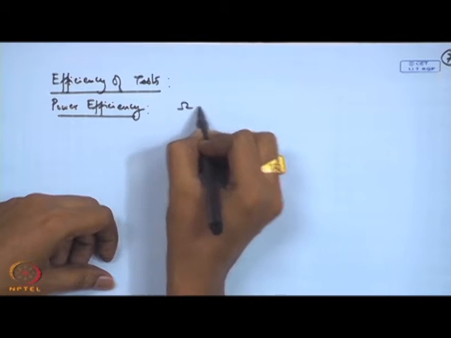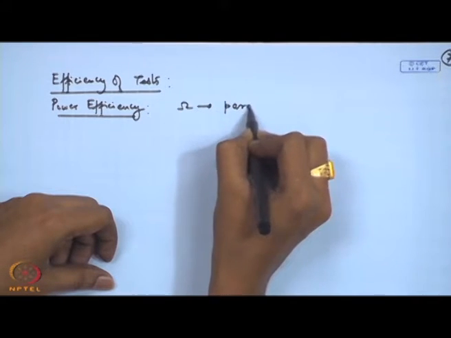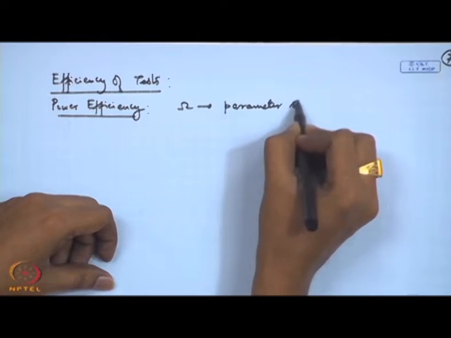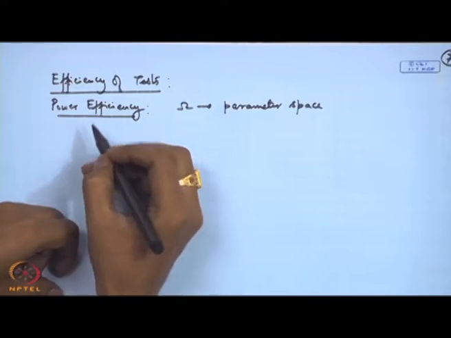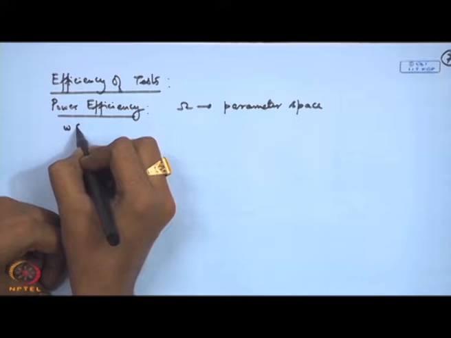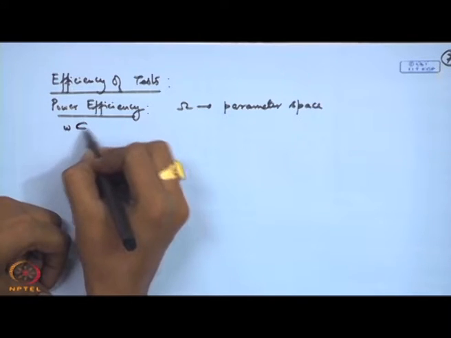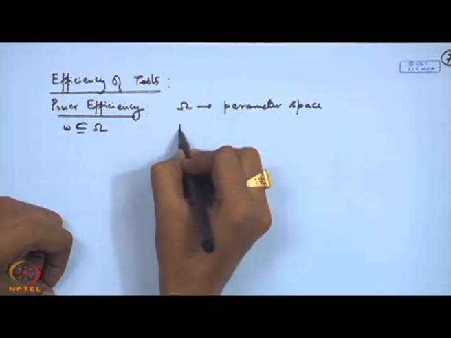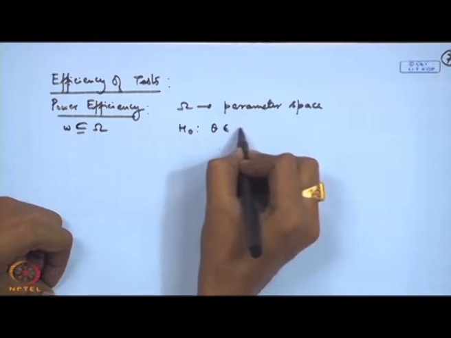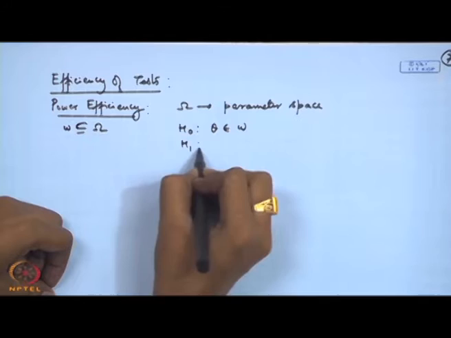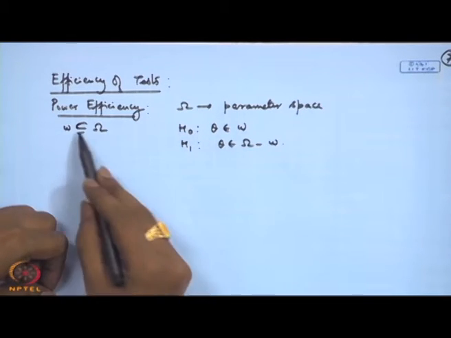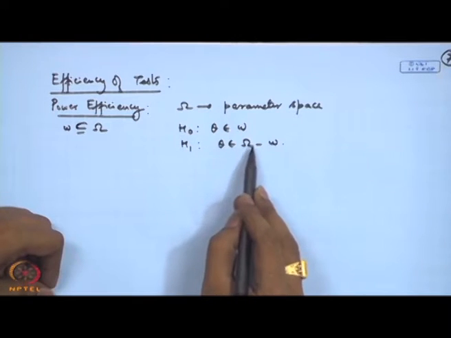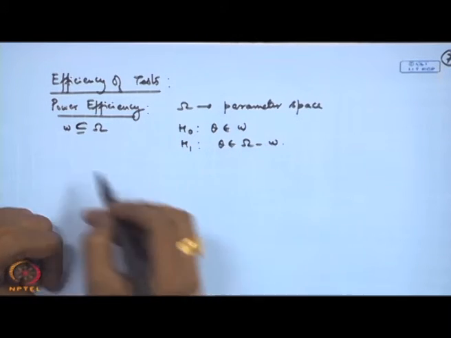So let us consider, say, omega is the parameter space here, and suppose I have a subset of omega, small omega. We are considering the hypothesis testing problem H0: theta belonging to small omega against H1: theta belongs to capital omega minus small omega.